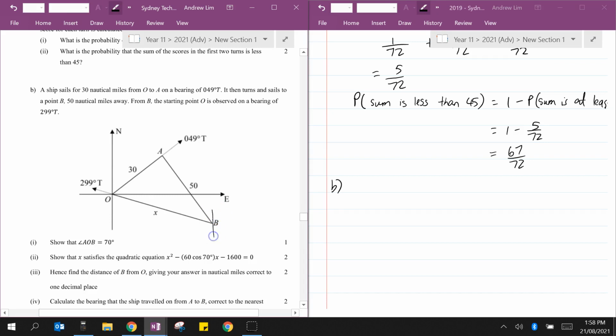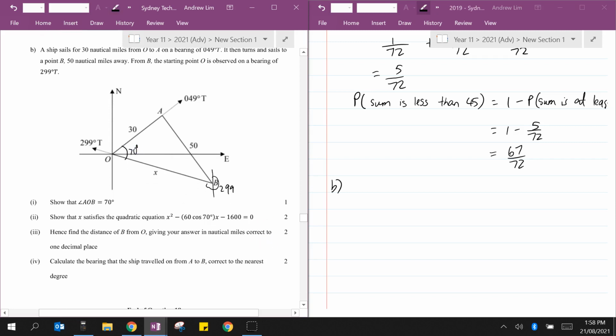Okay, so that means that's 299. Show that angle AOB is equal to 70. Okay, what do we need to do? This bit here is 49 degrees.